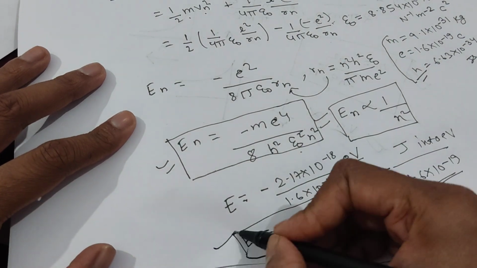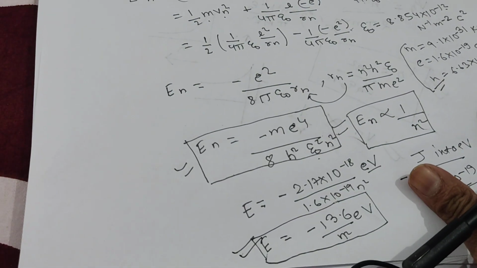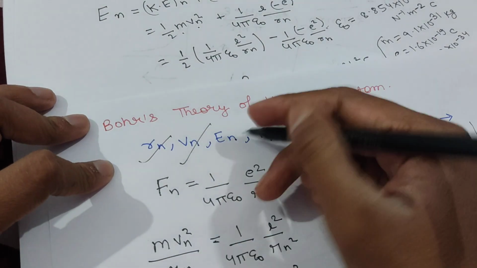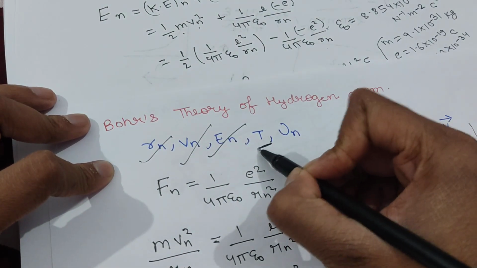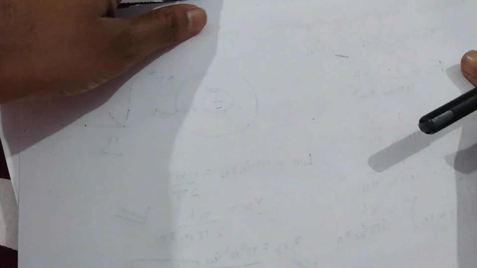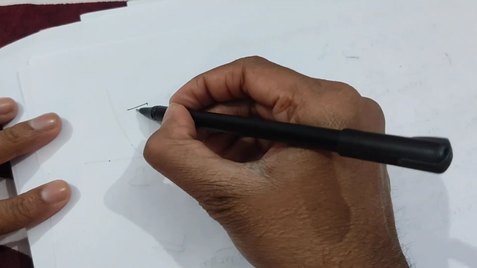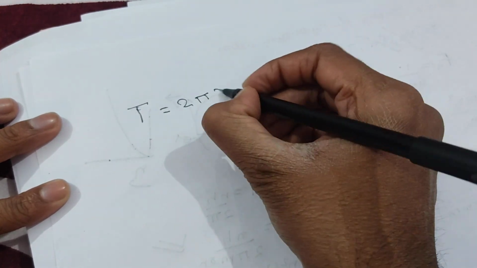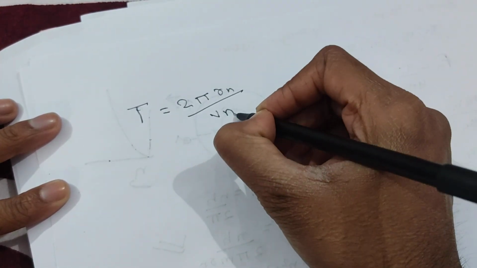Okay, so we are already done with R_n, V_n and E_n. Now we'll try to find the time period T. How will we find the T? T is equal to 2 pi R_n by V_n.